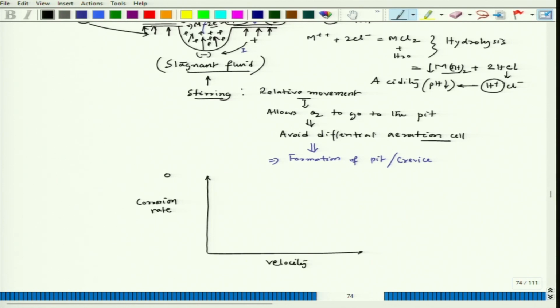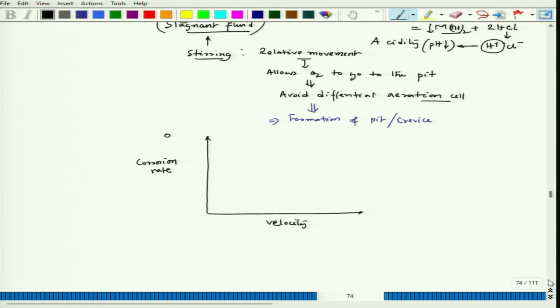Now, depending on whether the corrosion process is activation controlled or concentration controlled, the situation could be different. Now, what do we mean by activation and concentration control? So, there could be two controls. One is activation control and the second is concentration control.